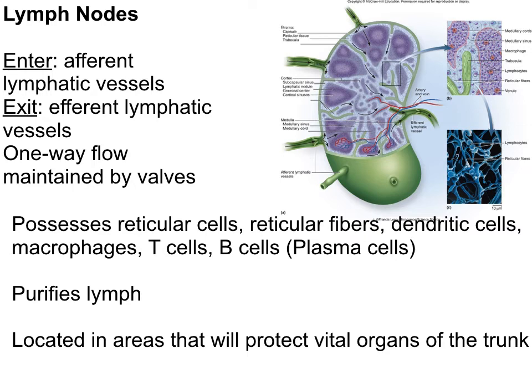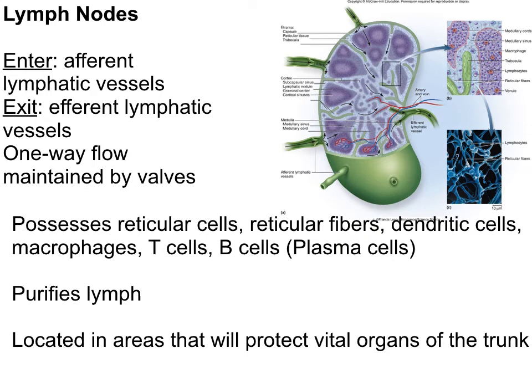So if you've got a pathogen that has somehow gained entrance in the head and neck, it limits its spread to the torso there. Also in your groin or inguinal region. So if you have a pathogen that has entered the lower limb, it can get filtered out before entering the torso. You also find them lining within the mesenteries of your digestive tract.